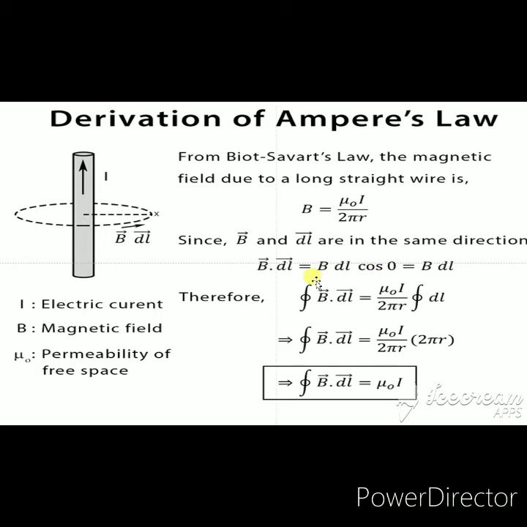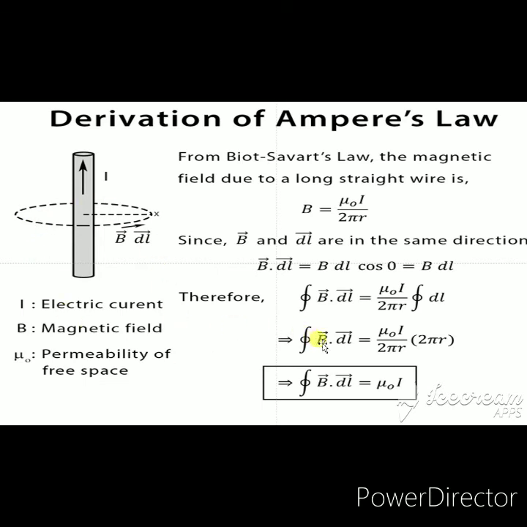So we get the equation B dl. Therefore the closed line integral of B bar dot dl is equal to mu 0 I upon 2 pi r times the closed integral of dl, because dl is our main length.